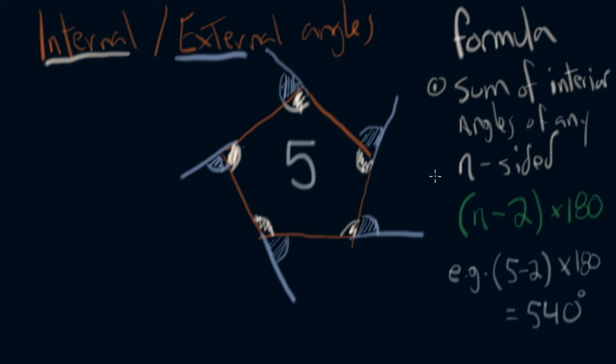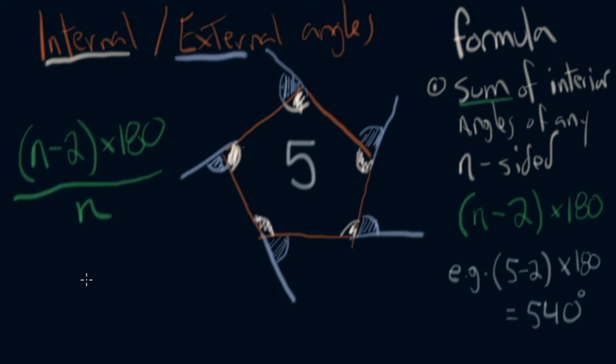That's excellent. But now let's kick it up a notch. So that's how much it is in total. Remember, the sum. But what about each one? If I wanted to know each one, what would you divide that 540 by? You would divide it by n, the number of sides.